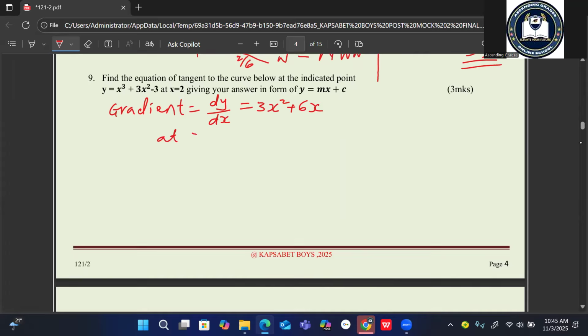So at x is equal to 2, the gradient, that is m, is equal to 3 into 2 squared plus 6 into 2, which becomes 12 plus 12, which gives us 24.